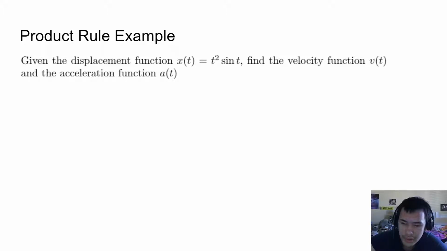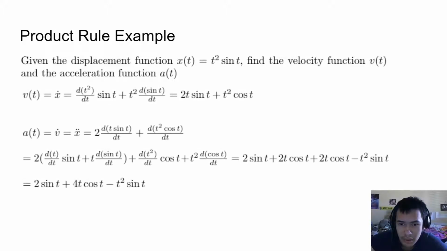So for this, take a moment, pause the video, and try to figure it out by yourself if you want to. Now for this one, for v of t, we're just taking the derivative of x of t. So using the product rule, it's the derivative of the first times the second, plus the second times the derivative of the first.